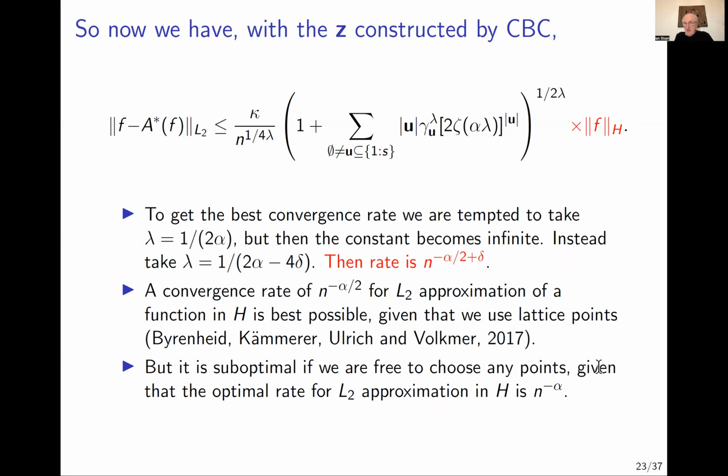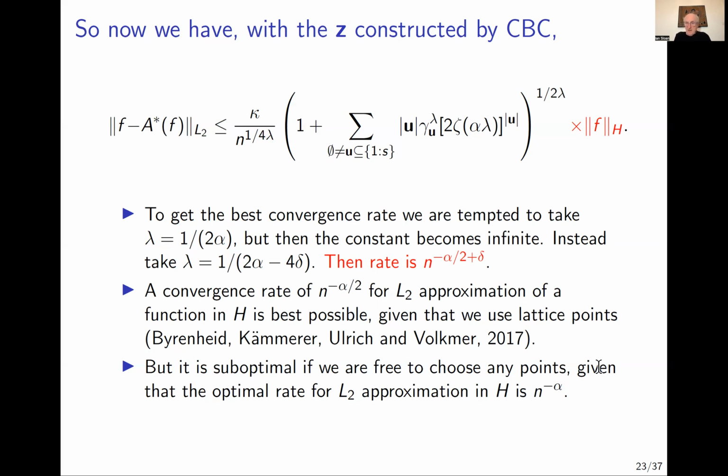But if you do that, you see there's a zeta function in there, 2 zeta of alpha lambda, and the zeta function blows up for argument equal to 1. So you cannot take lambda as small as 1 on 2 alpha, but we take it close to 1 on 2 alpha, and then the rate is n to the minus alpha on 2 plus delta.